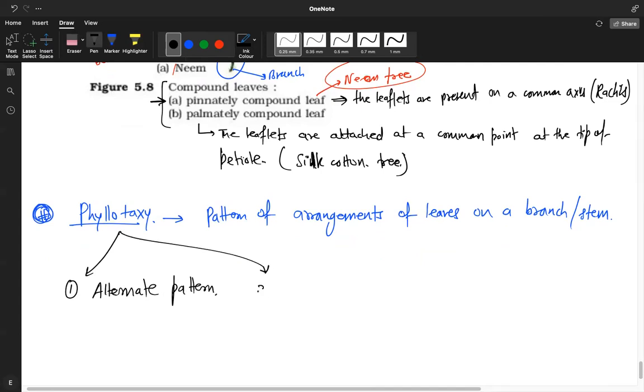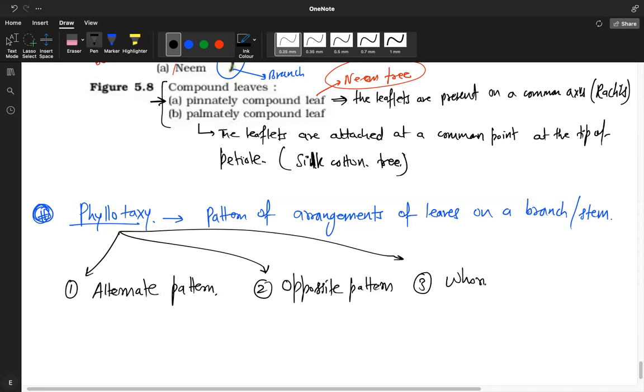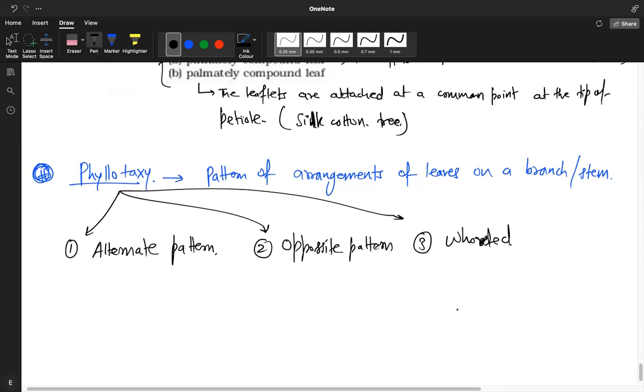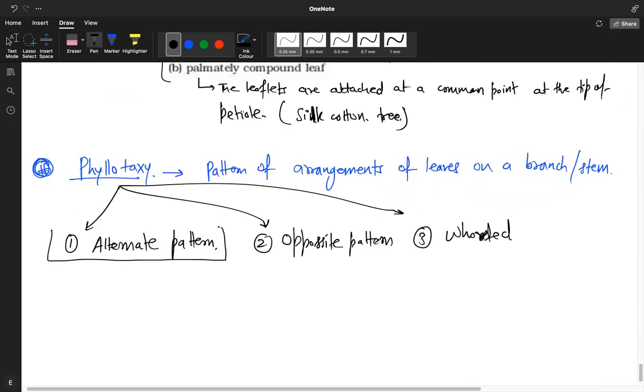The second is opposite pattern. And the third is whorled. These are the three phyllotaxic patterns in plants, on the basis of which you can classify and study plants.